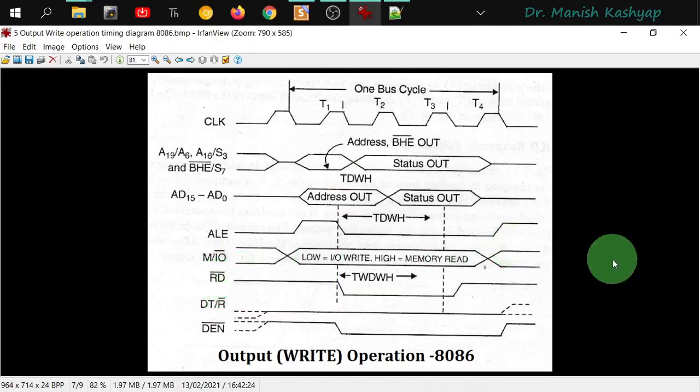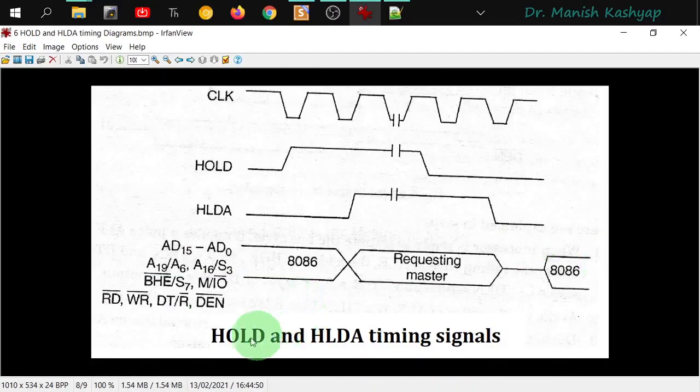Right? So after that, you have got this hold and HLDA timing signal. Sometimes it happens that some external devices request the control of internal buses of the microprocessor, right? So in that process, when the hold request is made, the microprocessor acknowledges it by this HLDA.